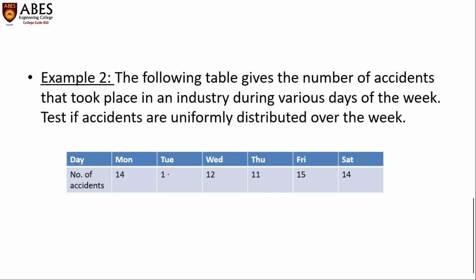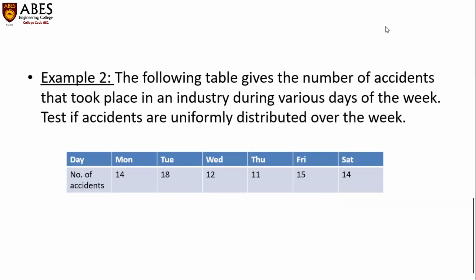So there is a factory, an industry, and the number of accidents that took place in this industry are given by this table. On Monday, 14 accidents occurred. On Tuesday, 18 accidents occurred, and so on.